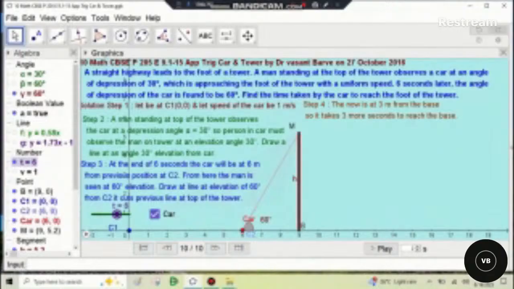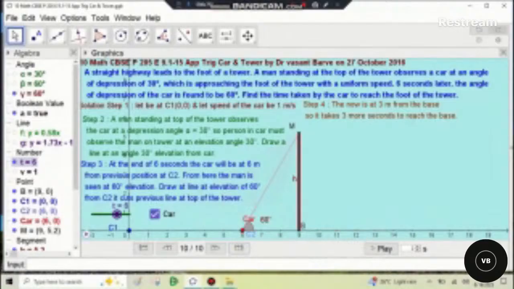So you'll note that it took 6 seconds to travel this distance, which I have taken purposely 6, and this as 3. Okay. So now you'll see that as it takes 6 here and 3 here, the total time taken will be 9 seconds. Okay. So this will be 6 seconds and this will be 9 seconds.